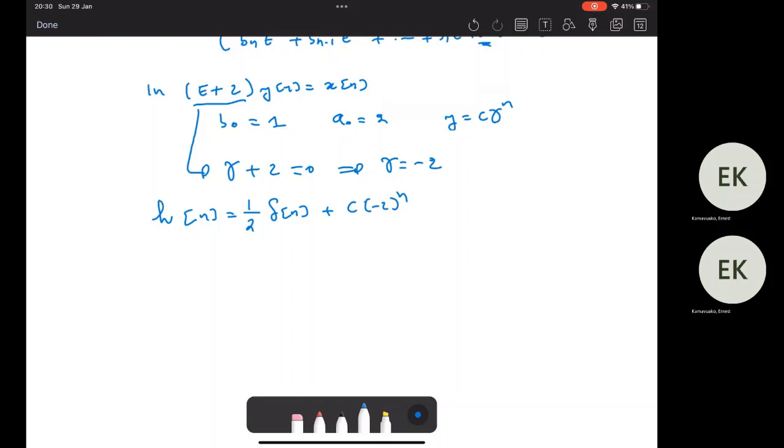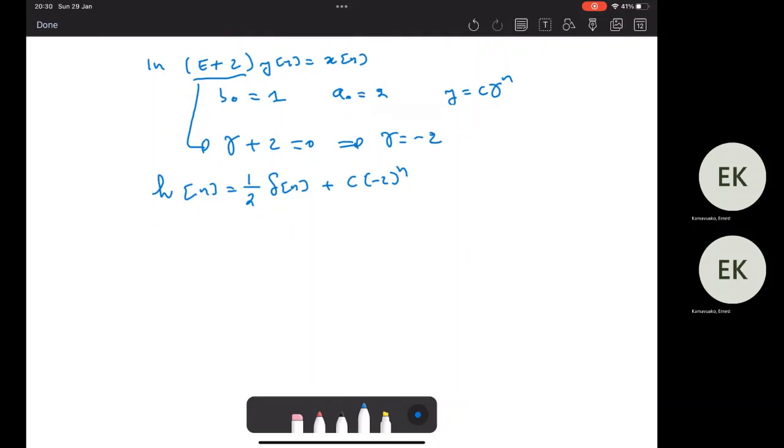To find C, we need to find one element of h[n], using the iterative solution as also shown in the book.